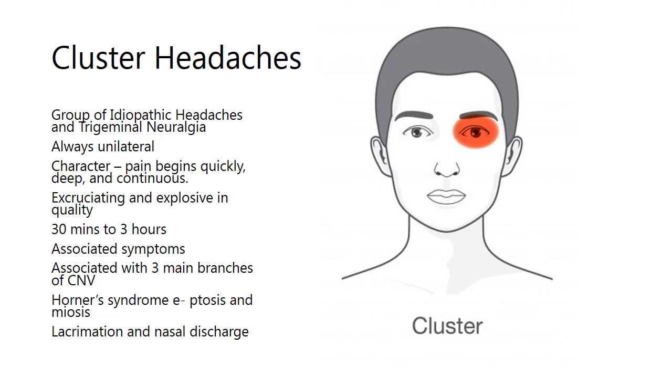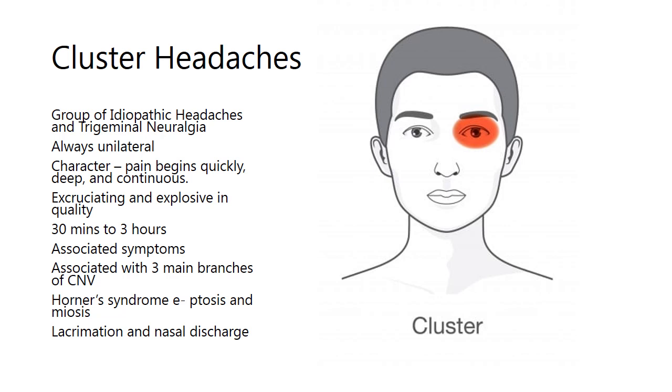And as the name cluster suggests, these attacks tend to come in episodes, groups of headaches that occur one after another. So patients might say they have one headache a day for several days, followed by a period of remission, or they may even have up to 8 periods of a headache within a day.